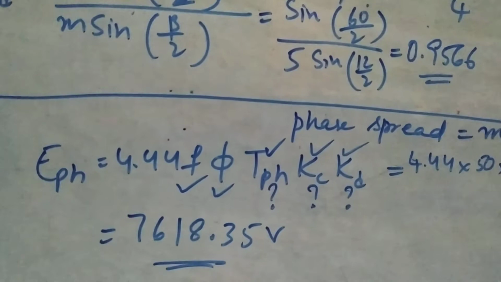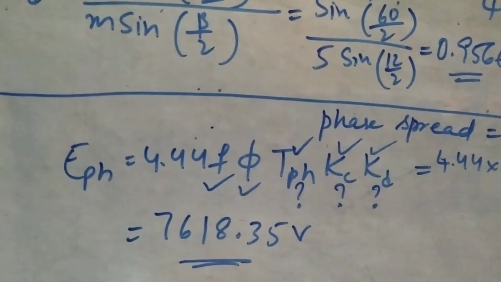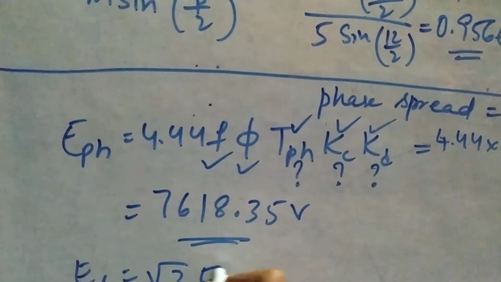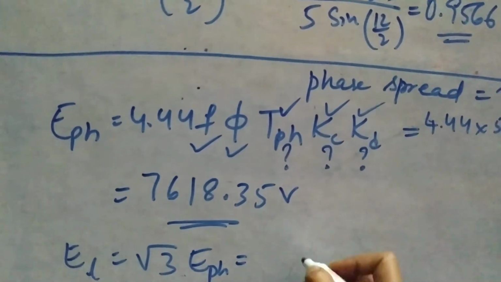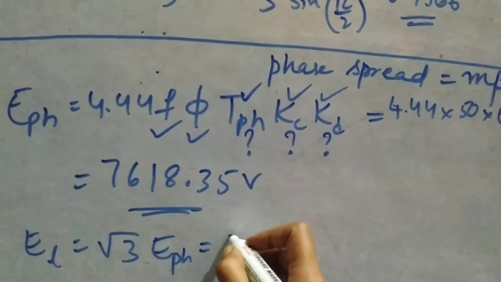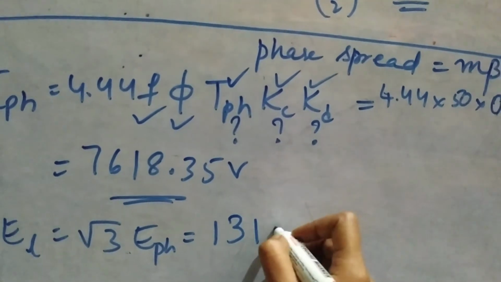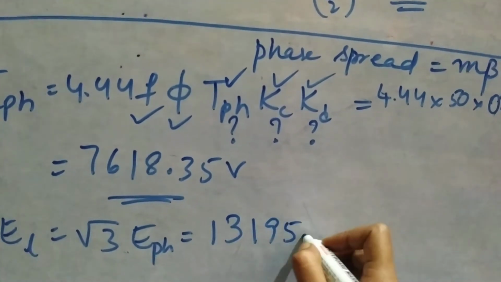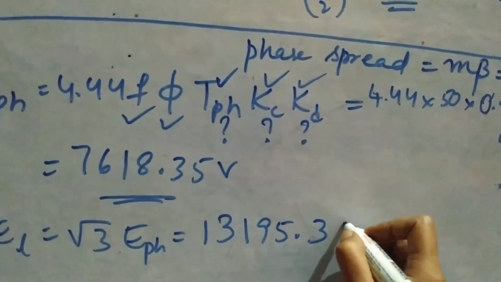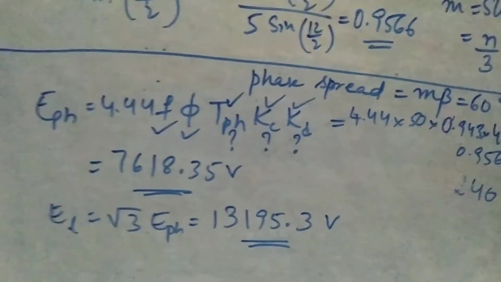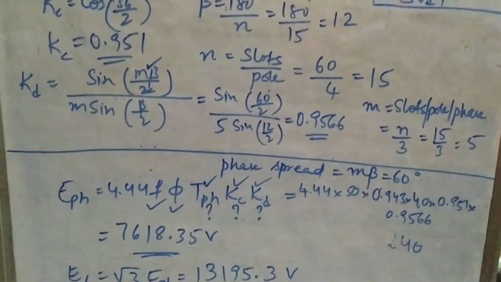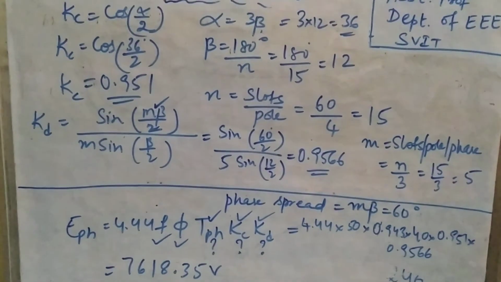So therefore, E line can be obtained. E line is equal to, as usual, what we did in all the previous sessions, root 3 times E phase. So when you multiply with root 3, it results with 13,195.3 volts. Right? Fine.